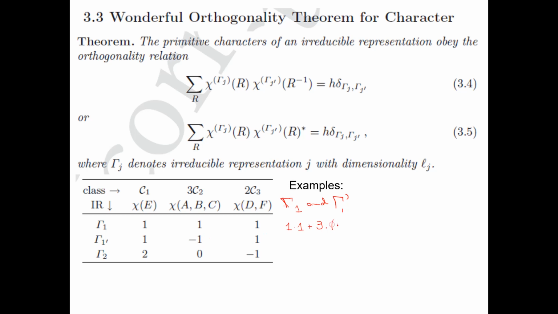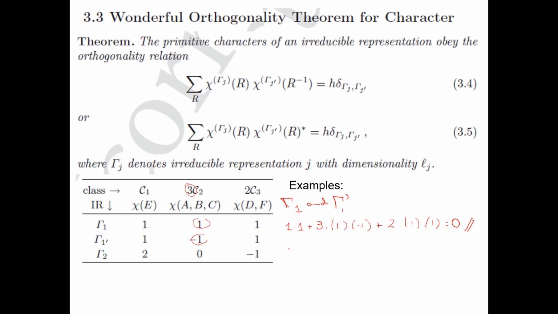So it's this times this, which is the number of elements in this class. And then plus 2 times 1 times 1. So this is 1 minus 3 plus 2, which is equal to 0. So that is verified.